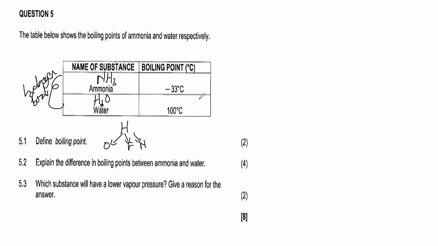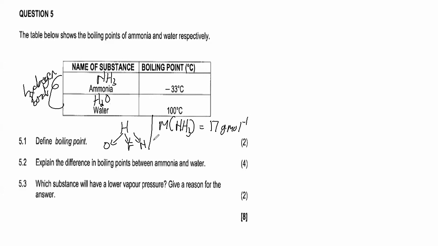But what is contributing to this difference in the boiling point if they both have the same intermolecular forces? Can we say it is the molecular mass? Not exactly, because if we look at the molar mass of NH3, that's 14 plus 3, which gives 17 grams per mole.